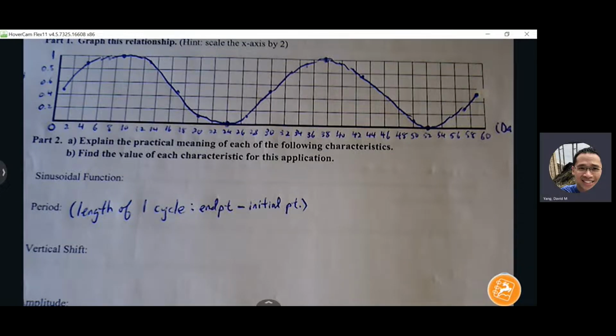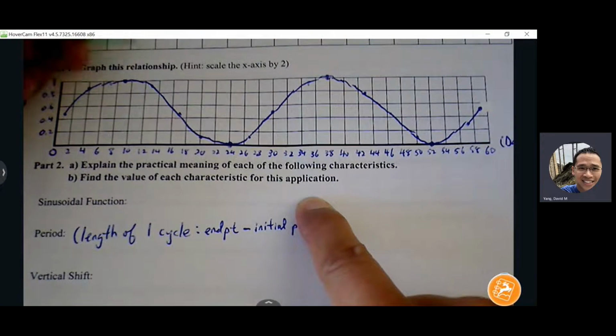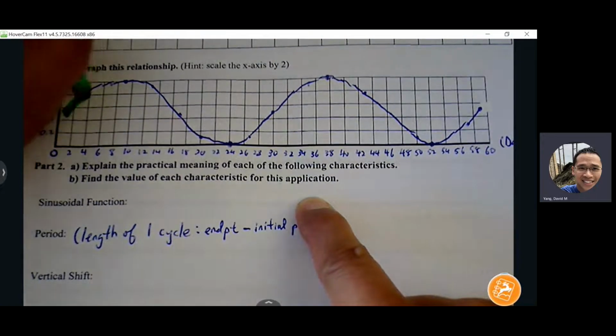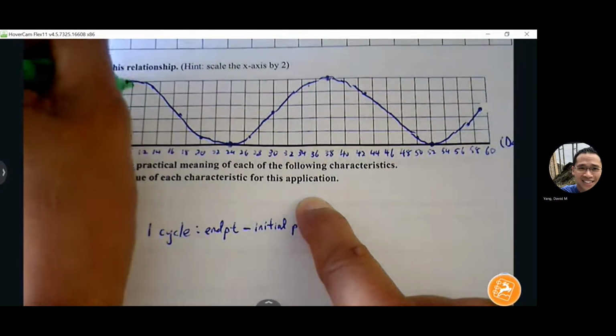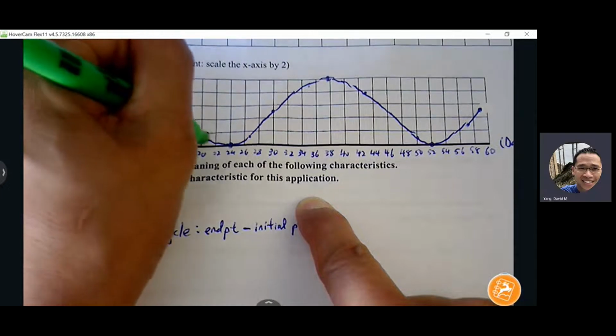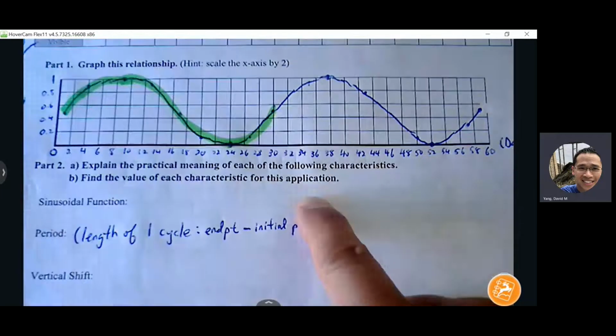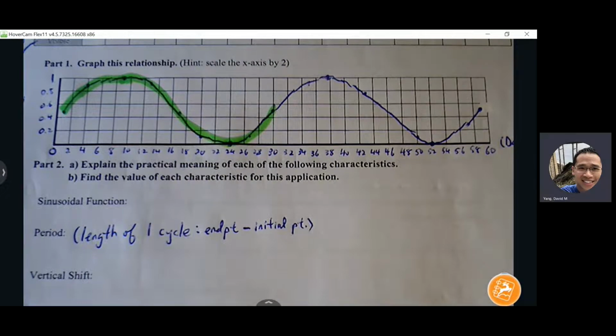So I'm just going to highlight one cycle, because the sine graph starts at the midline, goes to the peak, midline, minimum, midline. So it finishes its cycle on day 30. It begins the cycle on day 1.